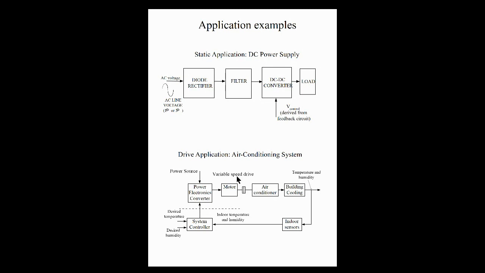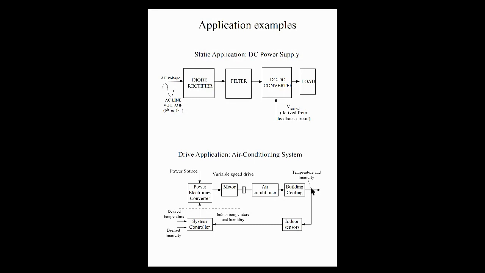So your motor and your AC unit will speed up, trying to get the building cool in as short a time as possible. So it is constantly checking the temperature and the humidity using sensors.